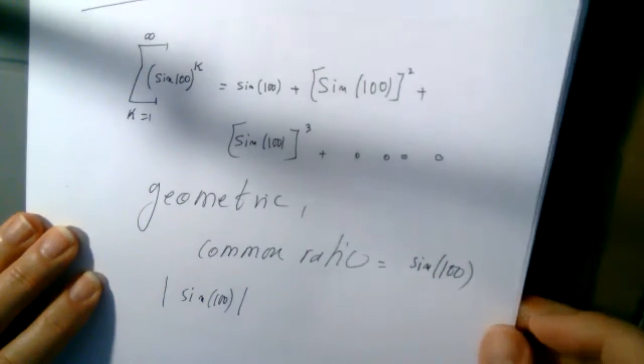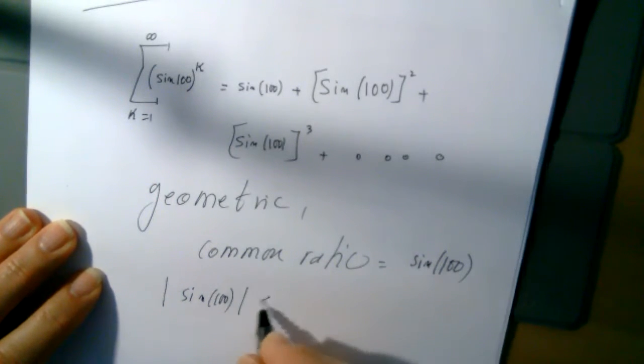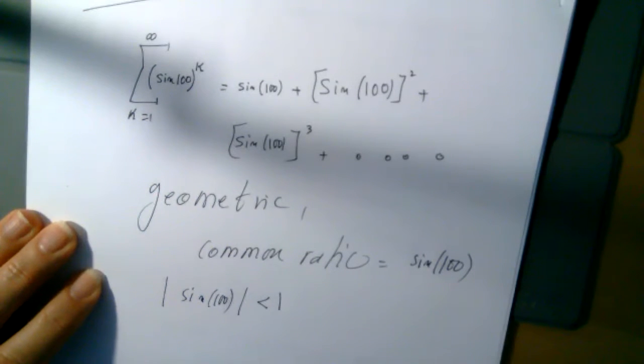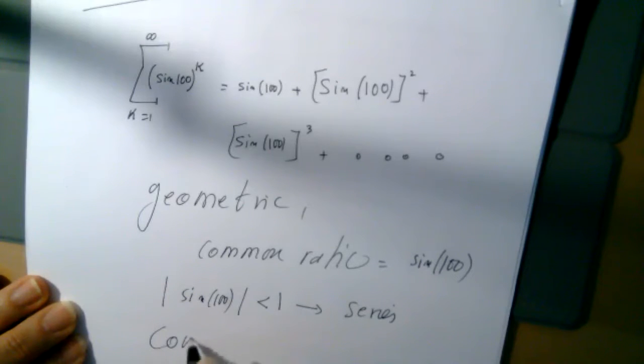Yes, because the sine always oscillates between -1 and 1, and so sine 100 is strictly less than 1. You can even evaluate it. It means that the series converges, because that's a geometric series where the ratio is less than 1.